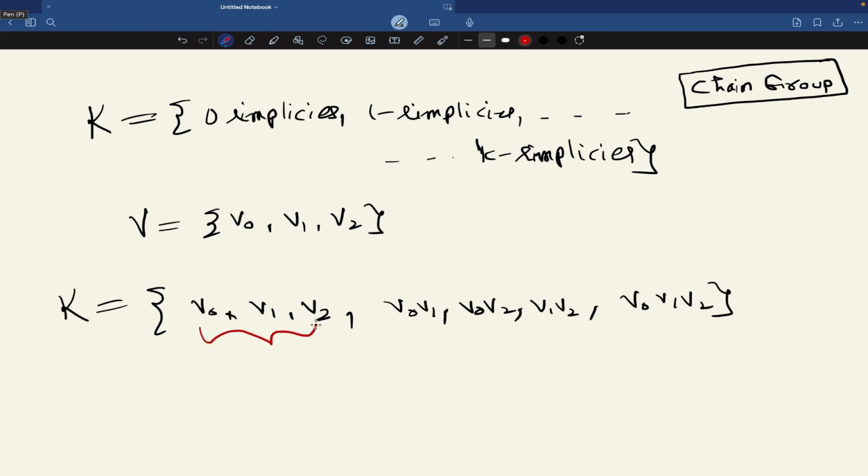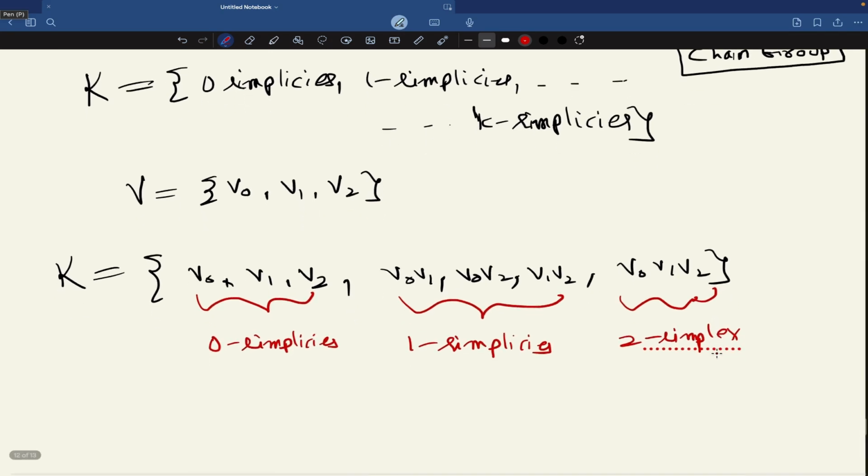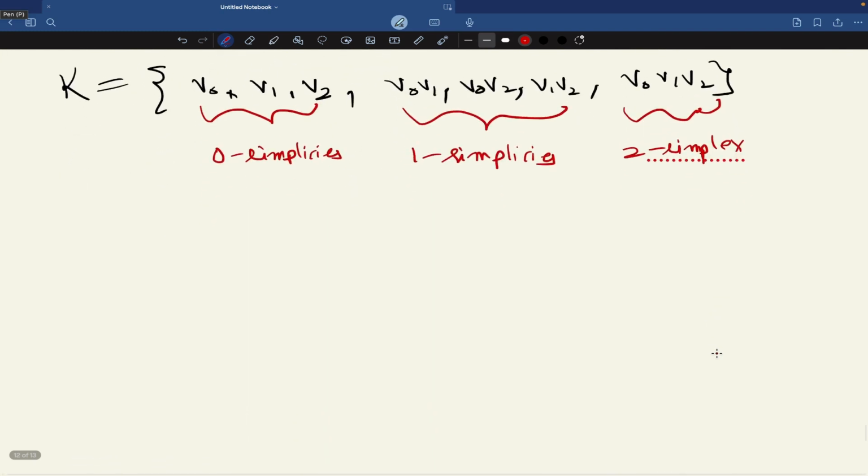These are 0 simplices. All these are 1 simplices, and this one is our 2 simplex, right? So depending upon the number of vertices that you have in the vertex set, you can have as many simplices in your complex K, right? So that is clear to us.